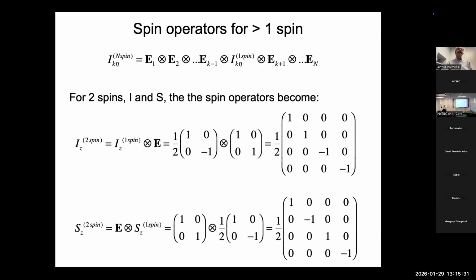I would associate the first position as representing the population of the alpha state.